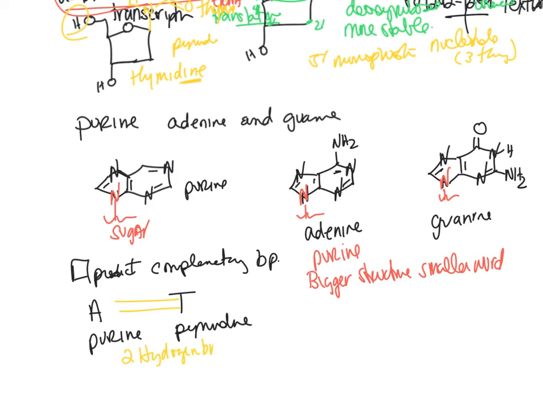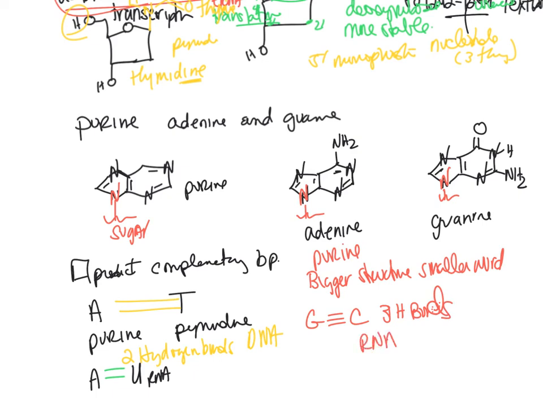And you know that that's going to be in DNA. Whereas adenine will do 2 hydrogen bonds with uracil in RNA. And then G will do 3 hydrogen bonds with cytosine in both RNA and DNA.